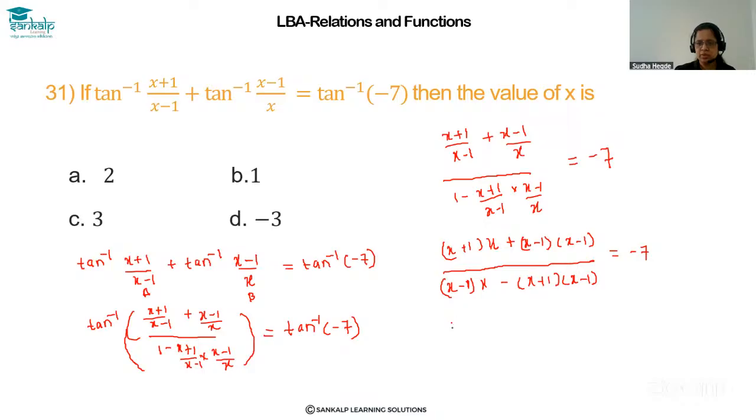So it is x square plus x plus x square plus 1 minus 2x divided by x square minus x minus x square plus 1 is equal to minus 7. Correct? Calculation is correct.